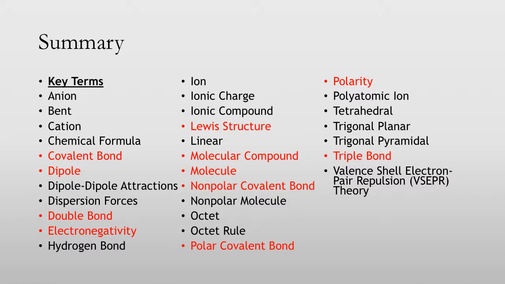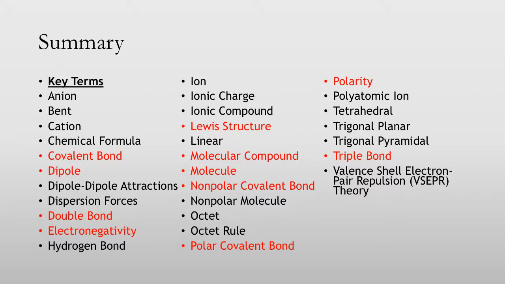All right, so in this lecture we have covered covalent bonds, which are sharing of electrons between two bonded atoms. We have dipoles, which are species that have a positive and a negative end to them, or a partial positive and a partial negative end to them.